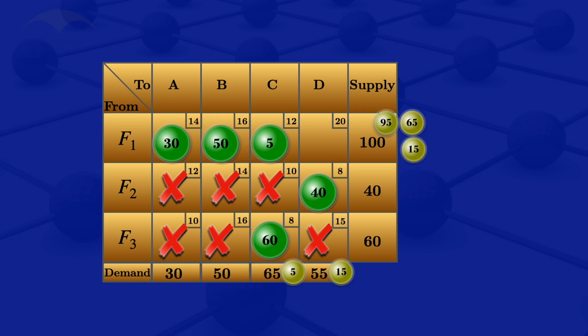Then we move on to the last cell, which is this one. Comparing the supply and the demand, we are comparing 15 and 15, so we allocate these 15 units to this cell. All cells now have an allocation or have been crossed out, so we move on to interpret this.